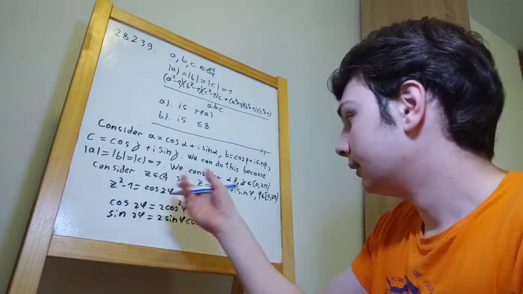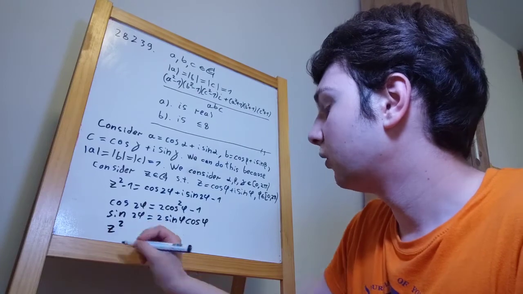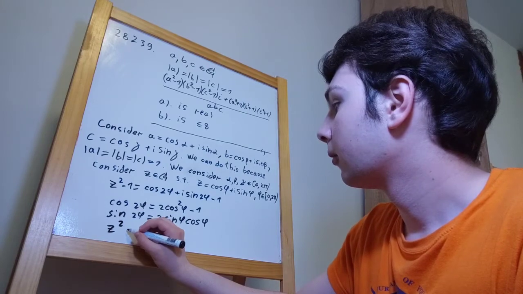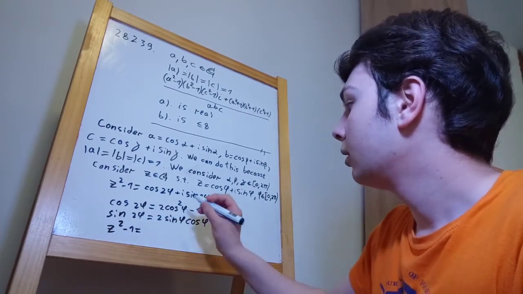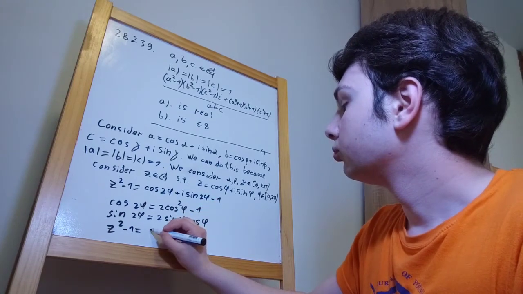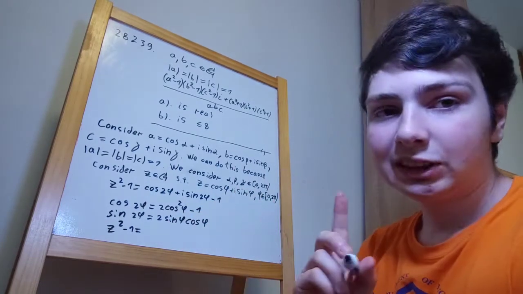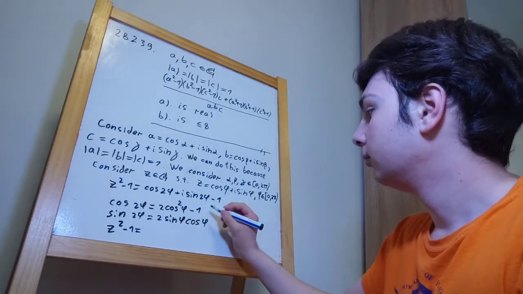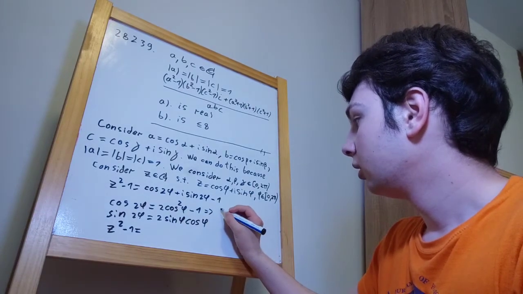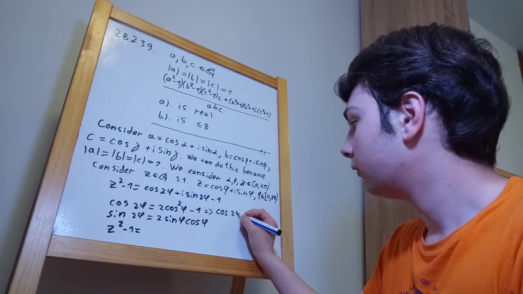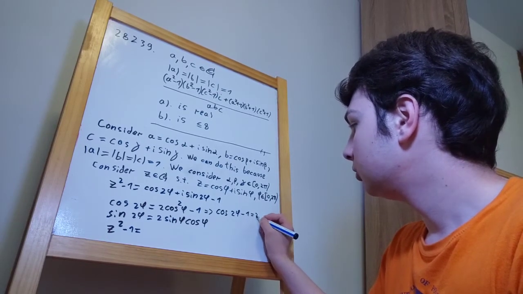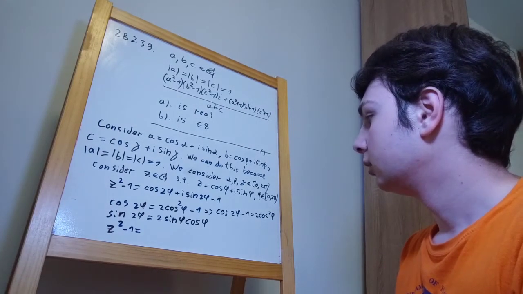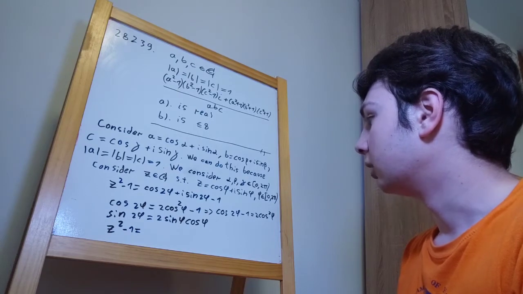So in the end, z squared minus 1 is equal to, notice again, cosine of 2 phi is 2 cosine squared of phi minus 1. Alright, wait, something's wrong.